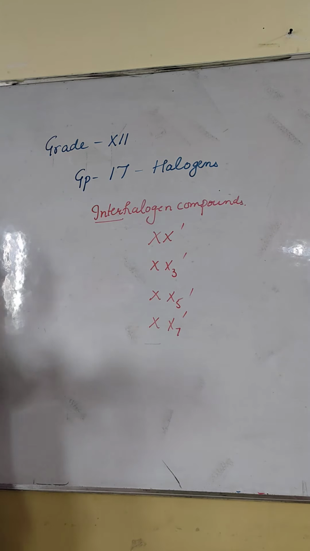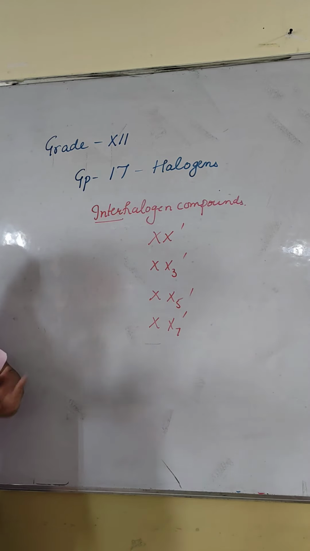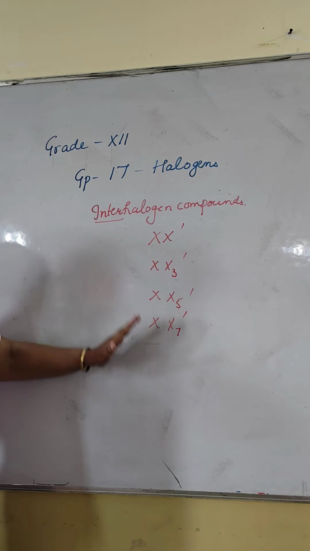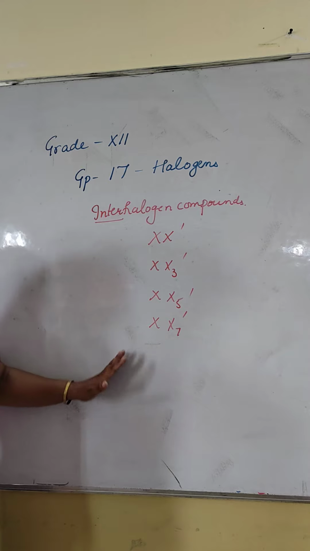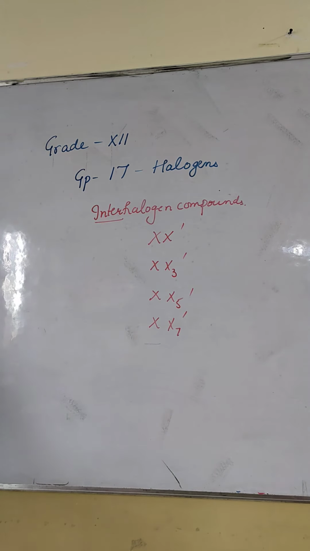I repeat, these are interhalogen compounds formed by reaction between different halogens like ClF, ClF3, IF7. In this, X will be bigger in size and more electropositive.